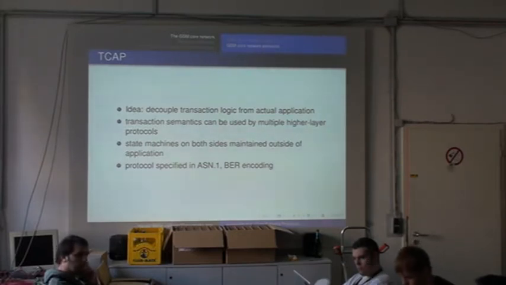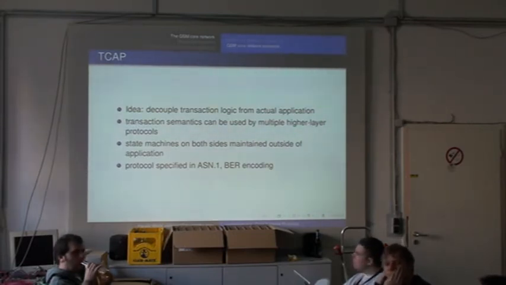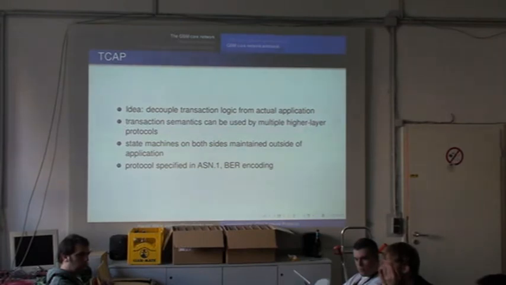A location update is a transaction, sending an SMS is a transaction. It involves certain steps, and at a certain point it's terminated, so you have some kind of transaction logic. We do not have any connection orientation in here. So theoretically you could say, well, we don't need TCAP, we just establish TCP connections all the time and then talk MAP over those TCP connections.